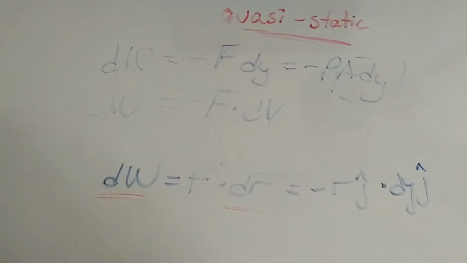Here we're talking about work that's being done on the system. So when dV is positive, meaning we have a positive change in the volume, then the work will be negative, meaning in that case that the gas is expanding, or work is done by the gas.